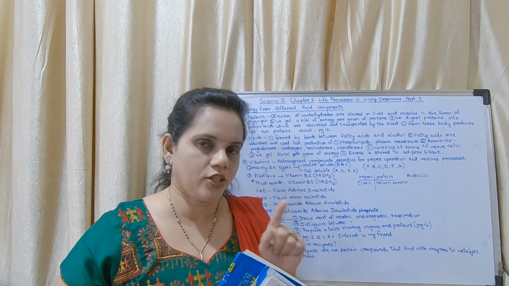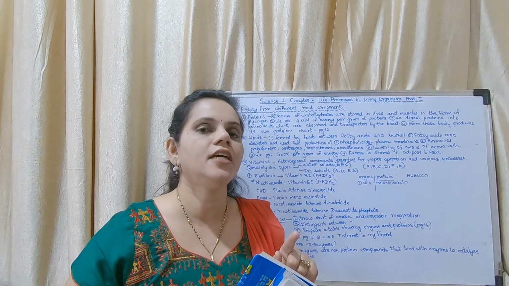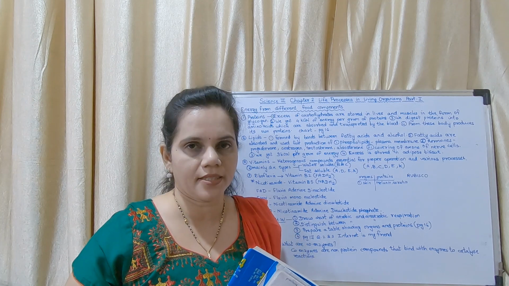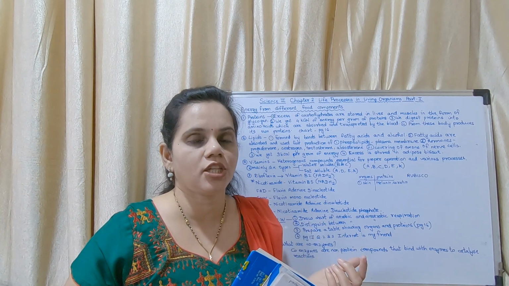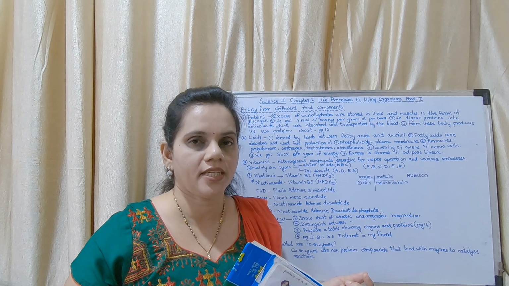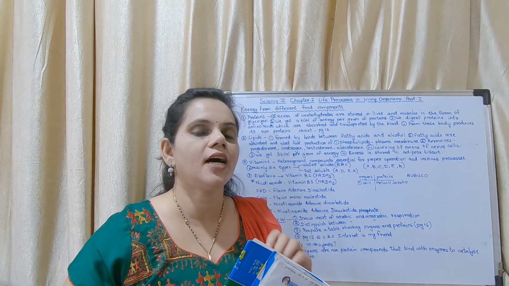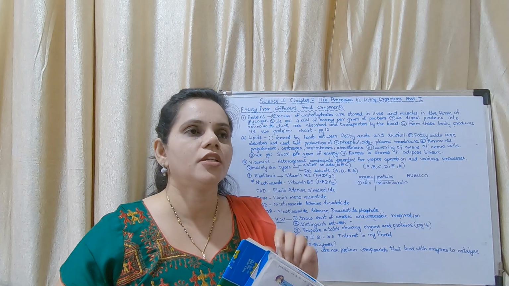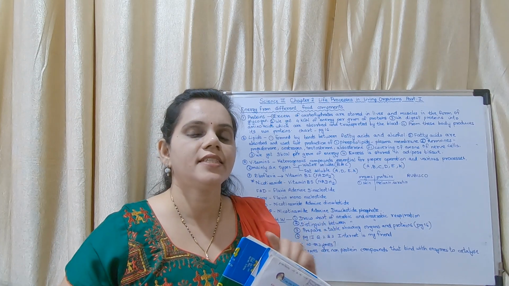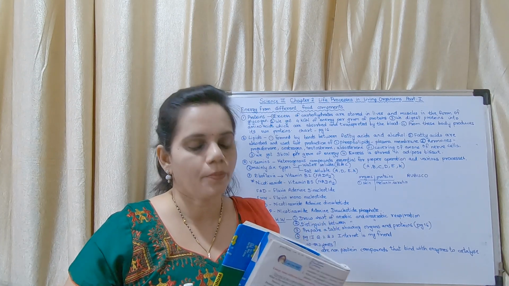For the movement of that food through the intestine, you need to eat fibers. That helps in egestion, that is removal of waste material from the body. Understood? So fibers are very important for the movement of wastage food from the body.